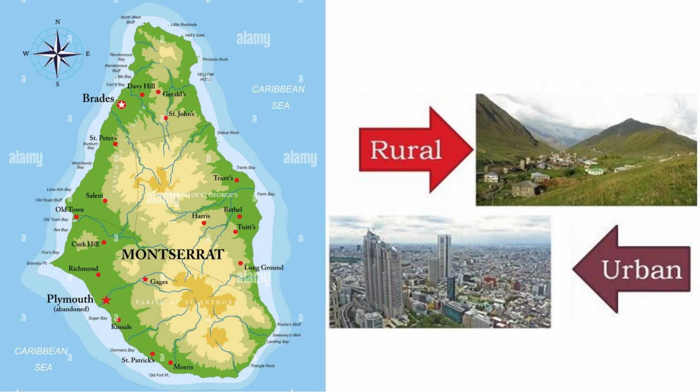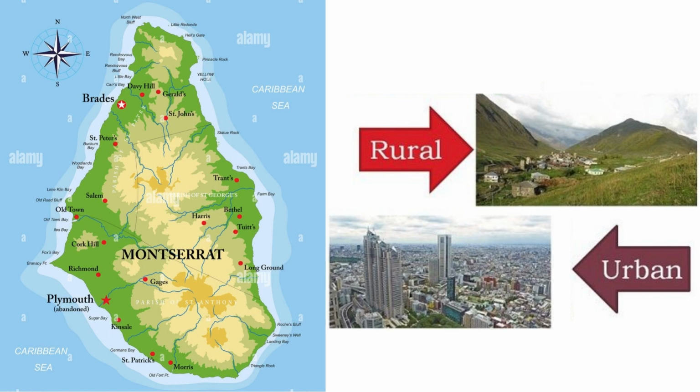For most Caribbean countries, the urban areas are characterized by having more services and more infrastructure, more job opportunities, and these generally attract a greater population. At the same time, there is usually less investment made in rural areas, so there is usually less services, less infrastructure, and lower population.